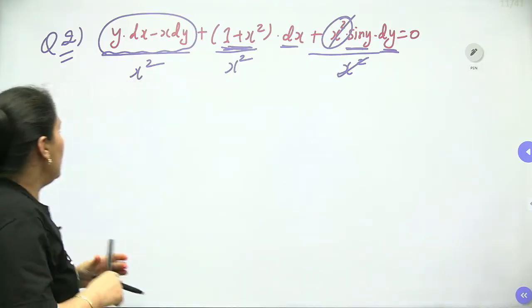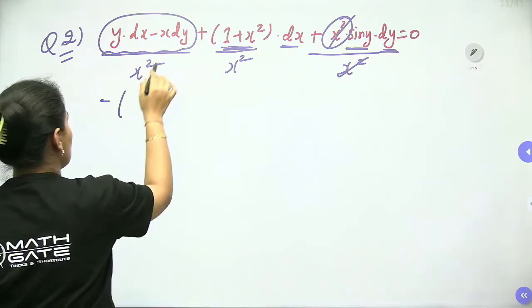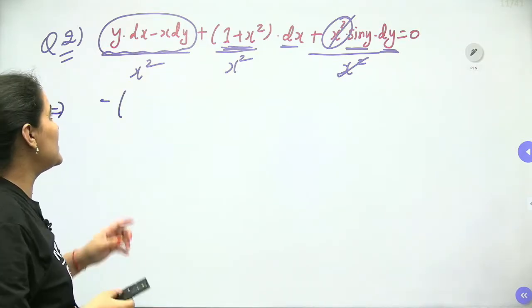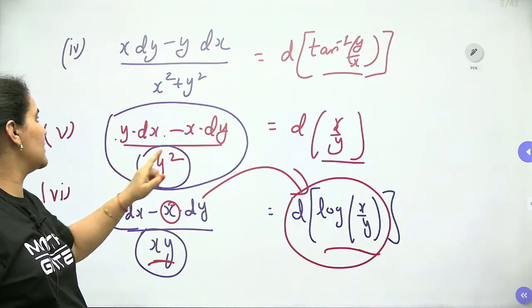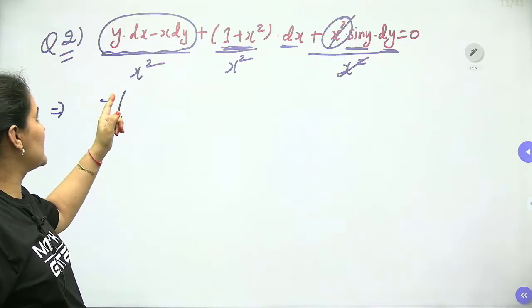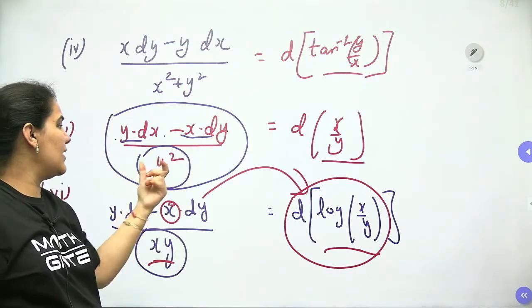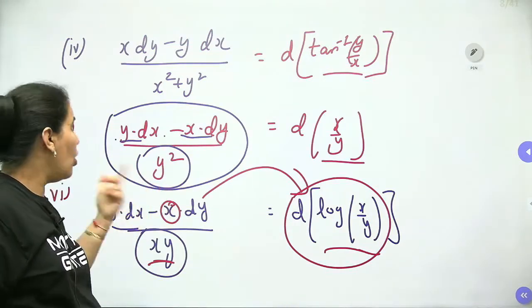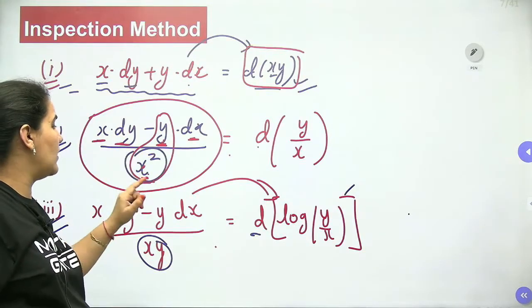Now let's come to this one. Here we are not getting exactly any form. Why? Because when we approach y dx minus x dy, we should have y square. Or if we have x dy minus y dx, then we should have x square.